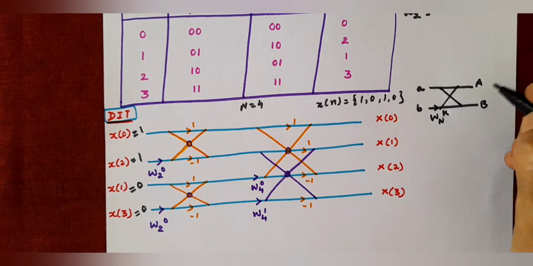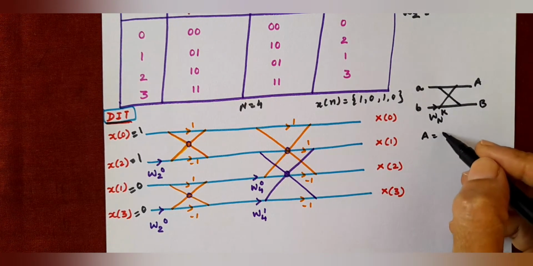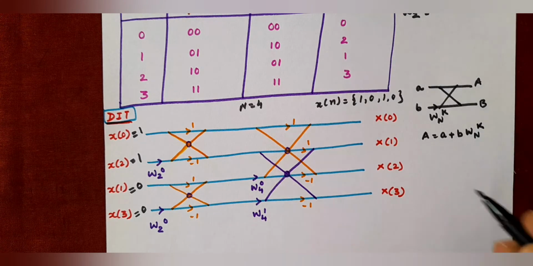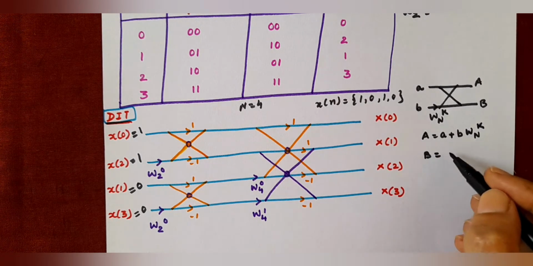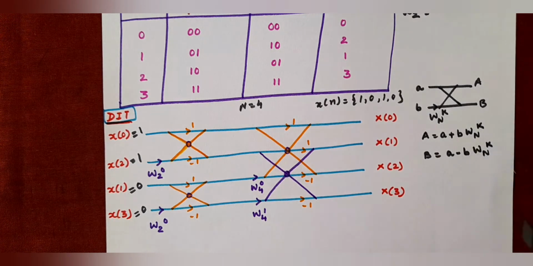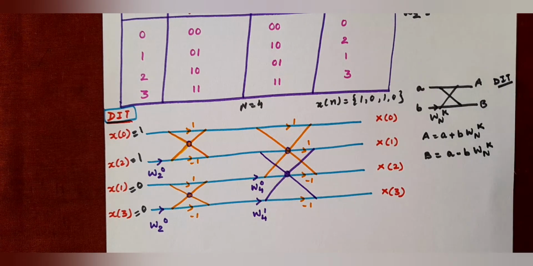Capital A is a plus b W n to the power k, and capital B is a minus b W n to the power of k. So this is the basic butterfly diagram of DIT and its output equations. So you know the butterfly diagram, its output equations, the input values and the 4-point DIT flow graph.